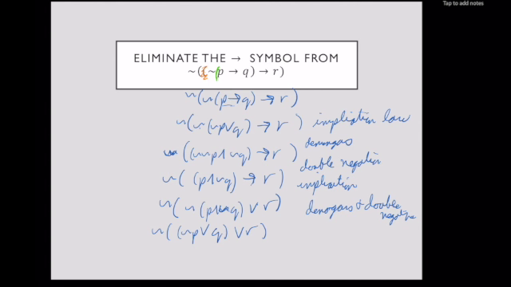The next thing I'm going to do is distribute this negative. So I've got not P or Q and not R. That's De Morgan's.